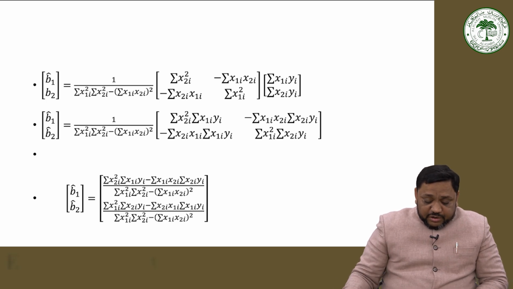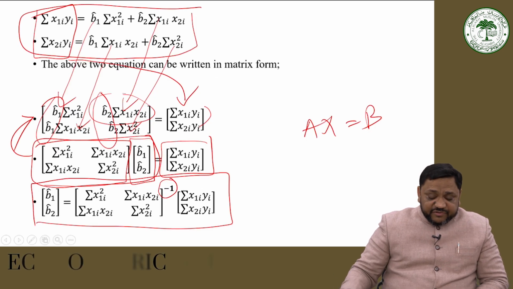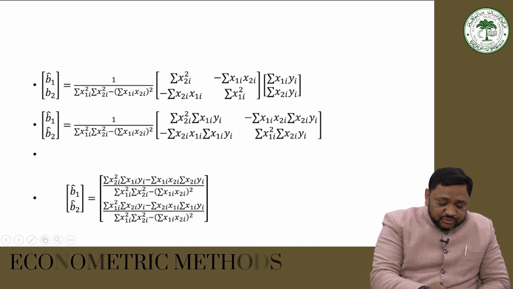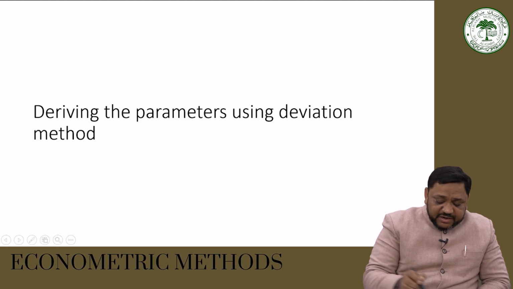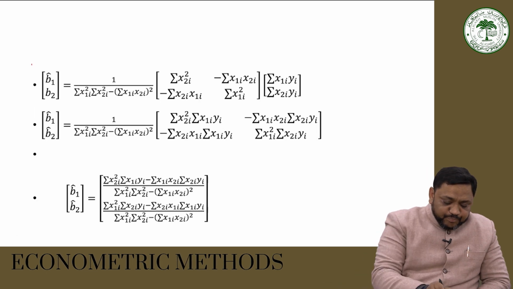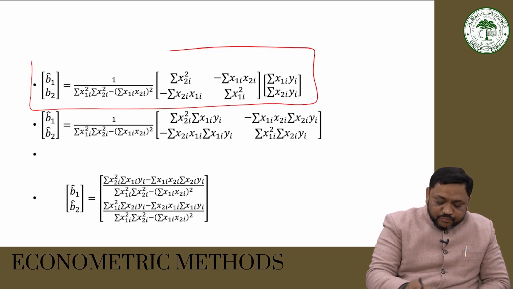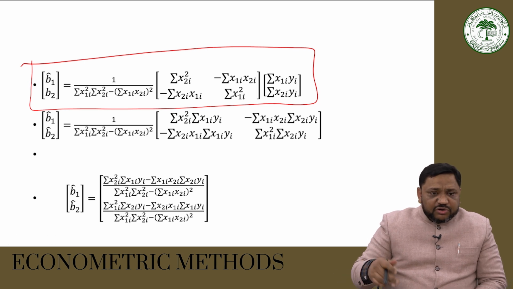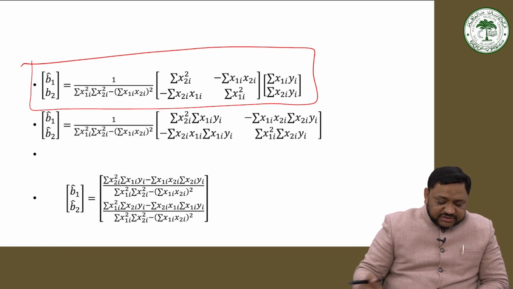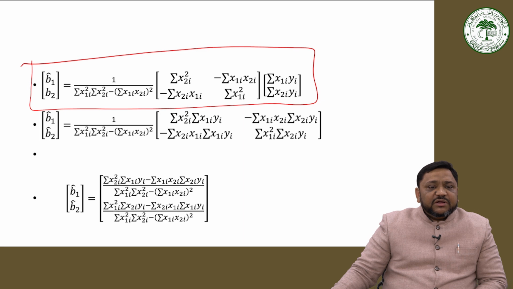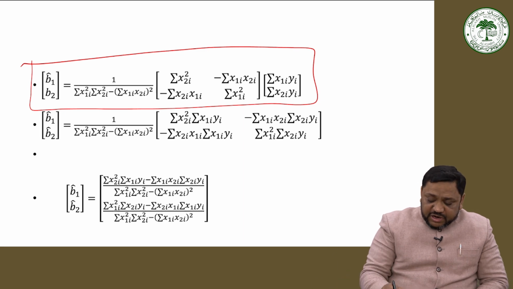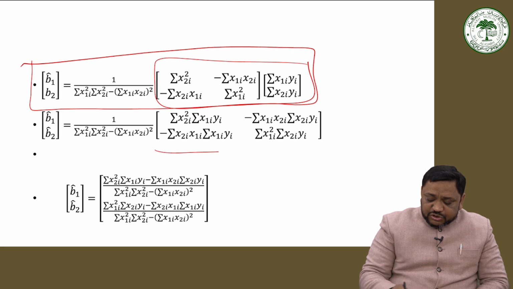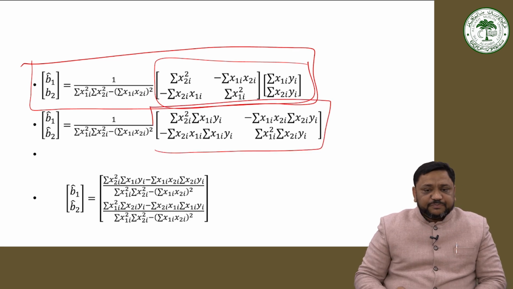To find the inverse, we need the determinant and these two terms. If you recall our discussions in the previous class, the same matrix is written in this format, and now we do the multiplication of these two, so we get this matrix.